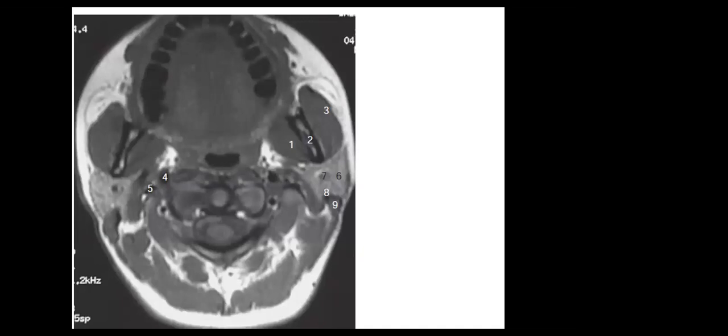This is an axial MRI view through the parotid gland. Number one is the medial pterygoid muscle. Number two is the ramus of the mandible. Number three is the masseter muscle. These muscles were described before in the previous lecture on the mandible.